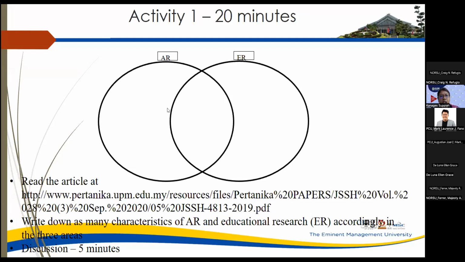Okay, all right. So this, okay, good. Anything else? Any characteristics that fit into both AR and ER? Whether it's AR or ER, we need evidence, which is the data, to support our research questions.